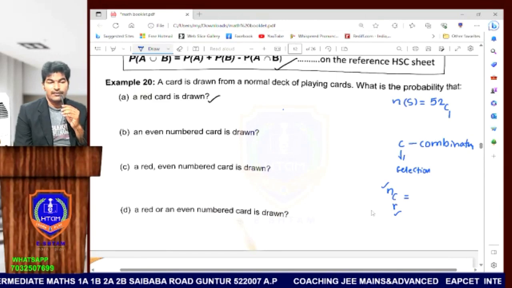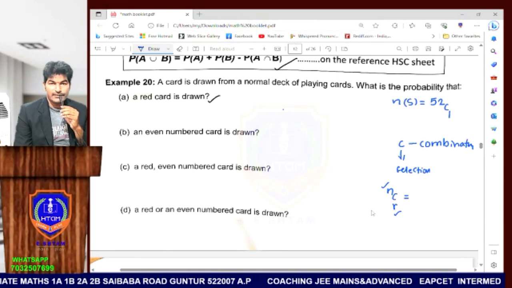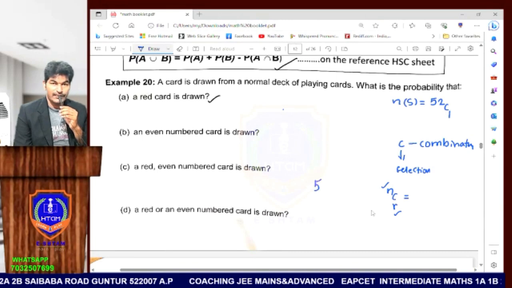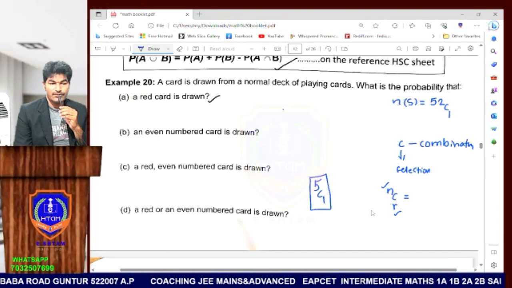For example, if you want to purchase a mobile phone and you go to a mobile shop, there you can find 5 different company mobiles with the latest version. Out of them, you have to choose one. Thus, that fact is denoted by 5C1.